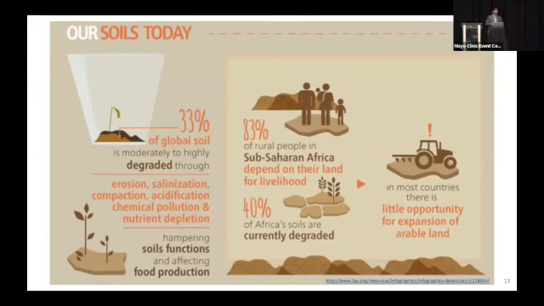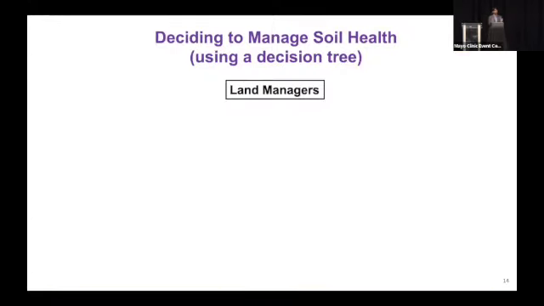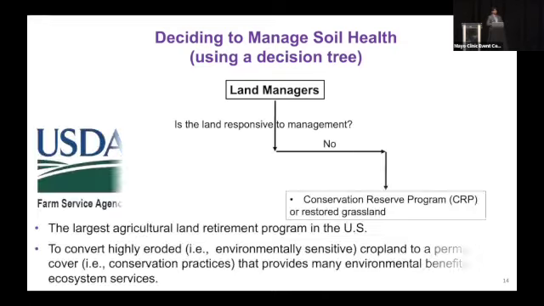Now, what I'm going to show you is how we can do those things. If you are a land manager, and you're asking yourself, or maybe your neighbor farmer, okay, is my land responsive to the management? And if your answer is no, what are the options? You can go through CRP, the Conservation Reserve Program, or maybe restored grassland.